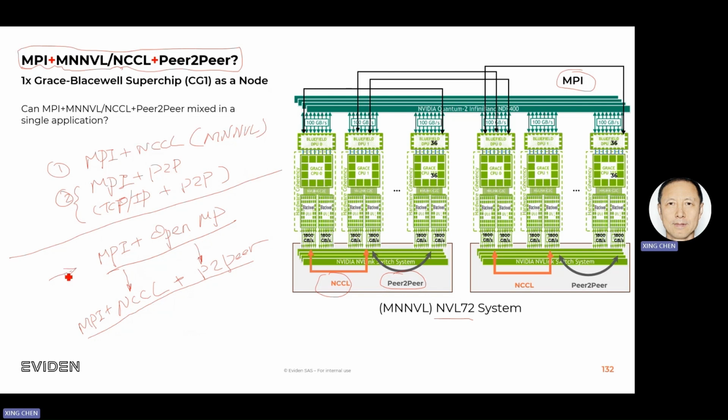So my last question is whether this is possible, whether there is any interest or any benefit to do this for NVLink 72 systems, or for the future NVLink 144 systems, or for NVLink 256 systems. This is my question. I have no answer. So my question is, why is MPI plus NCCL plus peer-to-peer interesting? Is it useful or not?